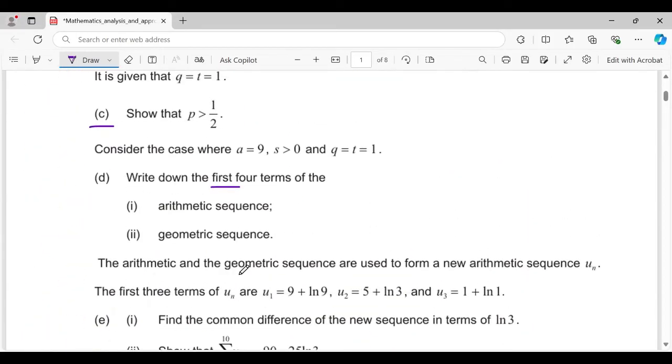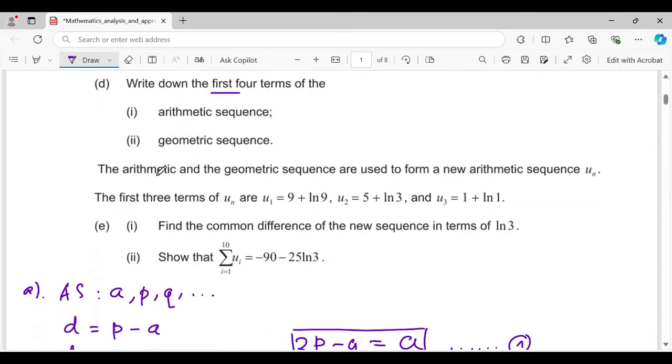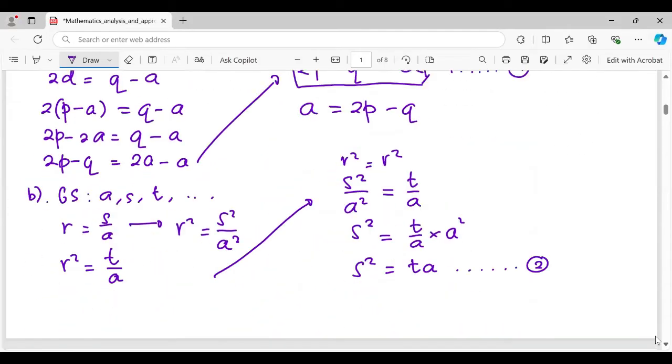The arithmetic and the geometric sequence are used to form a new arithmetic sequence un. The first three terms of un are the first term 9 plus ln 9, the second term 5 plus ln 3, and the third term 1 plus ln 1. Find the common difference of the new sequence in terms of ln 3.